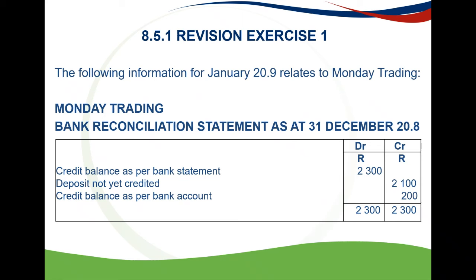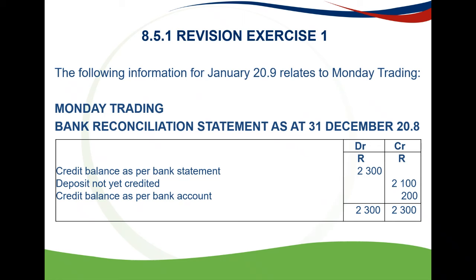Now, when we look at the bank reconciliation statement for December, we will note that there's a credit balance as per the bank statement. So that means that there was a favorable balance on the bank statement because it's a credit balance. And when there's a credit balance on the bank statement, we know it's favorable. Then deposit not yet credited.